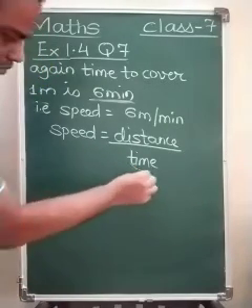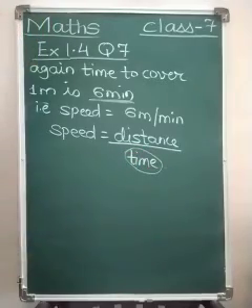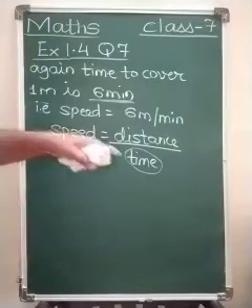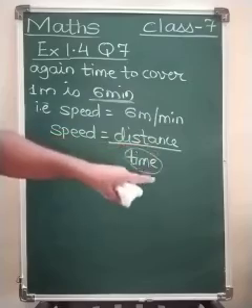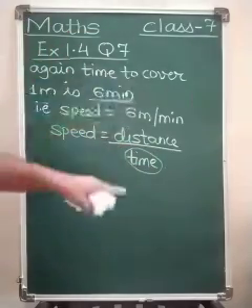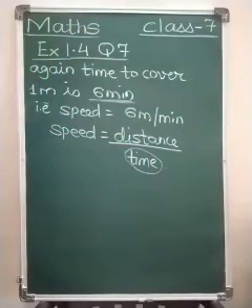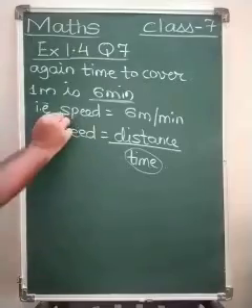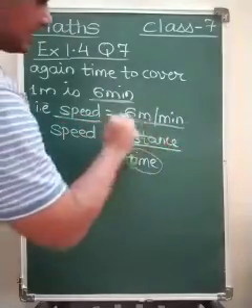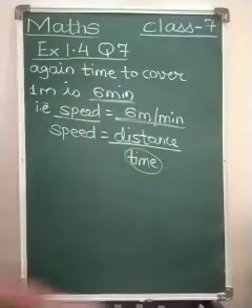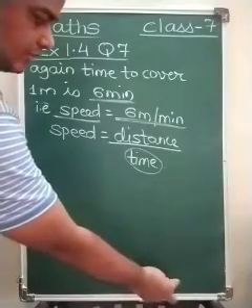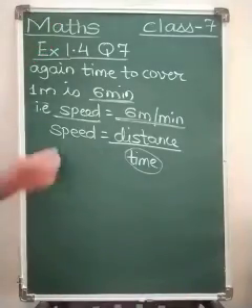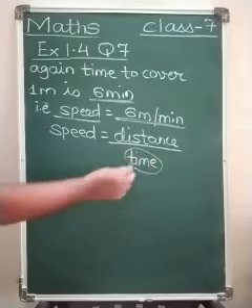That means how much time will the elevator take to reach 350 meters? The elevator has to reach up to 350 meters, but the total distance to be covered is 360 meters. So speed is known, that is 6 meters per minute. The total distance to be covered we had found out, that is 360 meters. So here we can find out the time.